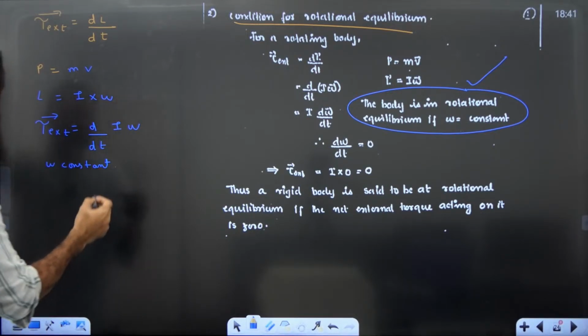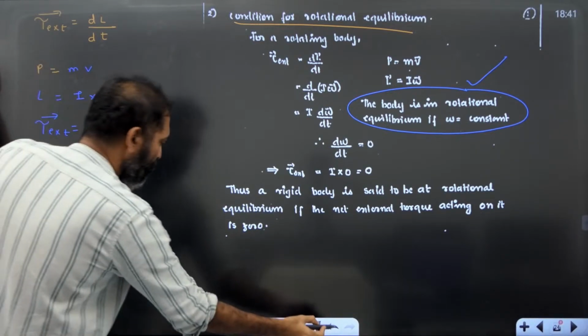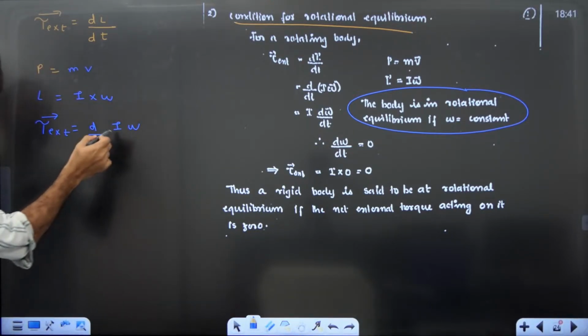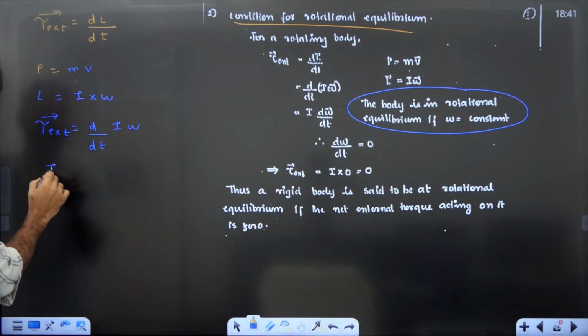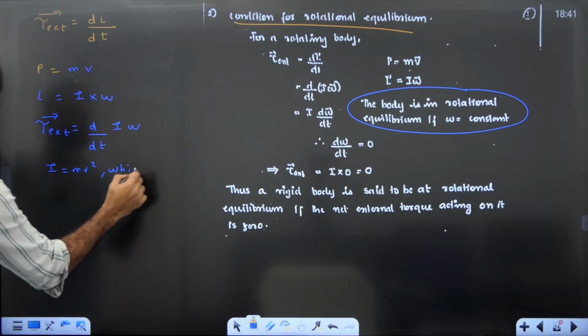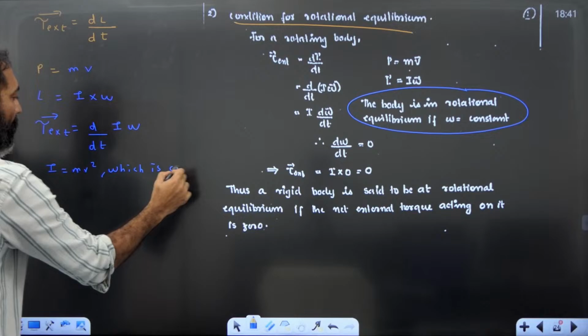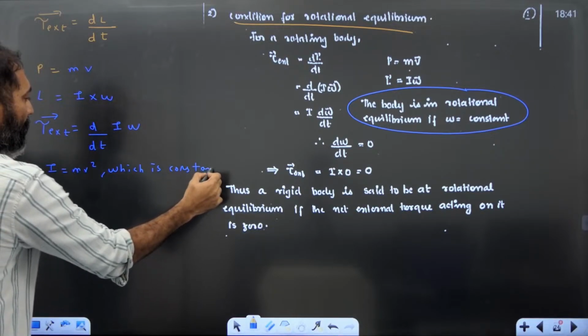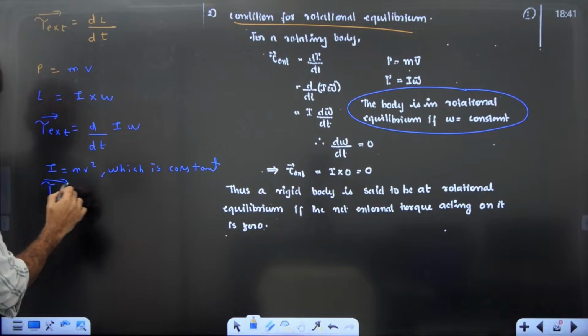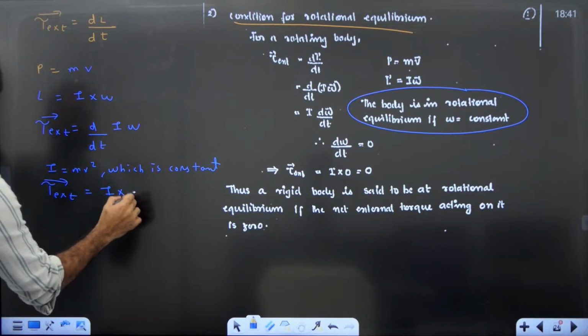Moment of inertia I equal to mr square, which is constant for a given body. So I is taken outside the differentiation. So external torque is equal to I into d omega by dt.